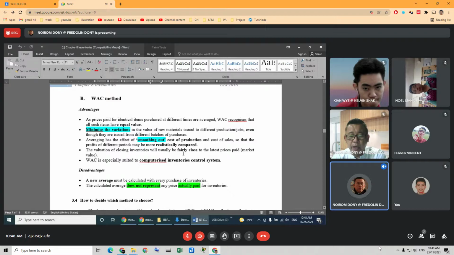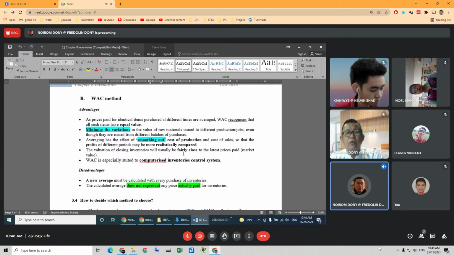So one of the advantages of weighted average is that because of the process of averaging, we smooth the prices even though the prices are different from different batches. So when we do comparison, especially of profit, the profit can be comparable because you already averaged it out.